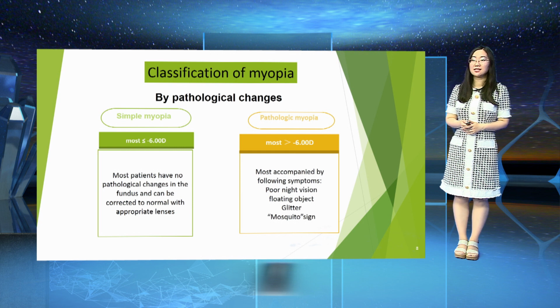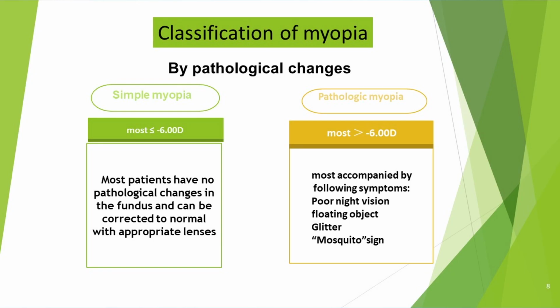Because little or no accommodation is needed for near vision, the convergence function is weakened, and it's easy to cause exotropia. The degree of myopia is generally within -6. Most patients have no pathological changes in the fundus and can be corrected to normal with appropriate lenses.